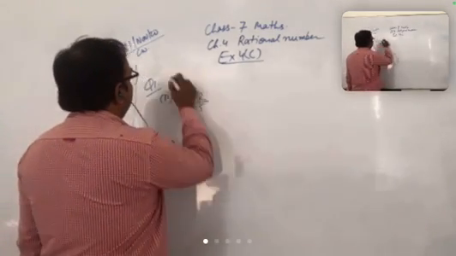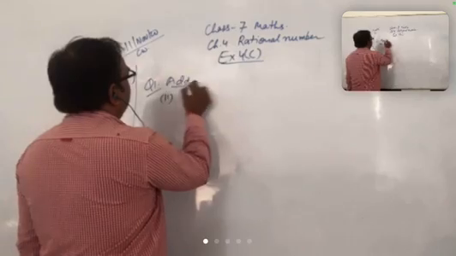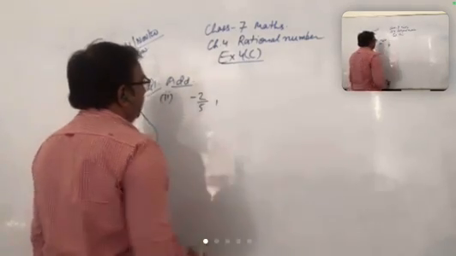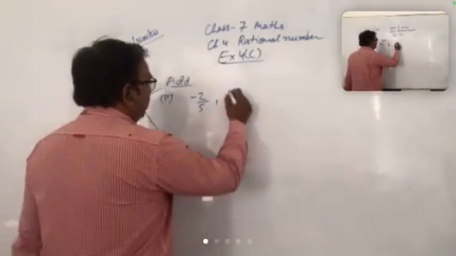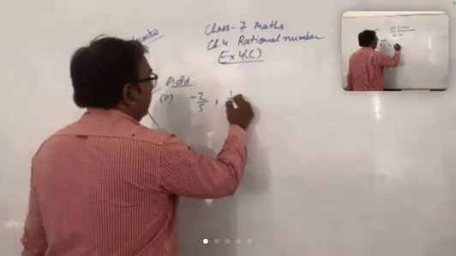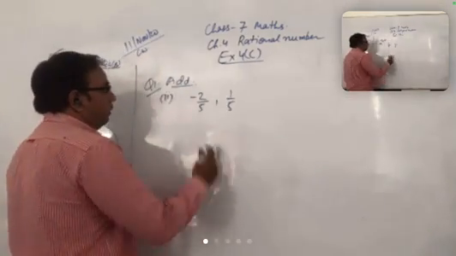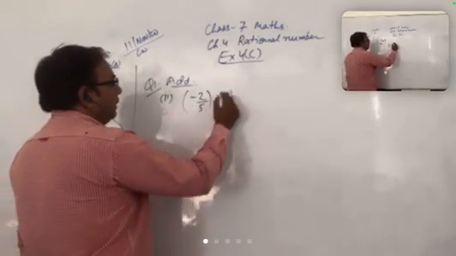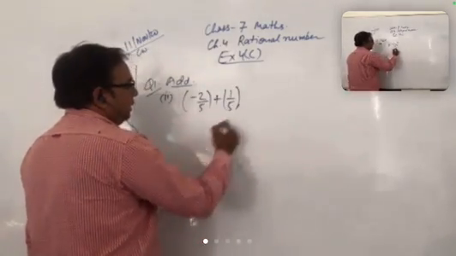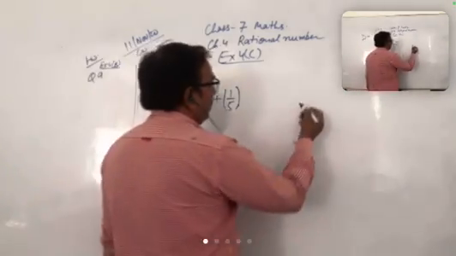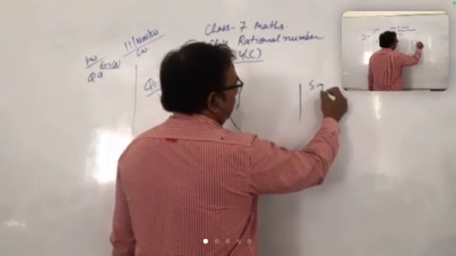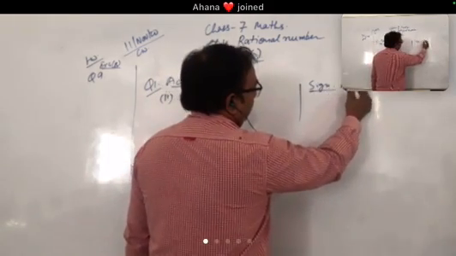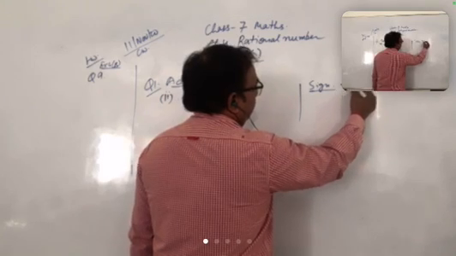The question is add. So question number 2, part 2 is minus 2 upon 5 and 1 upon 5. So you just write like this and put the numbers in brackets first. And one more thing, you can check the sign, how you write the sign for addition or subtraction.